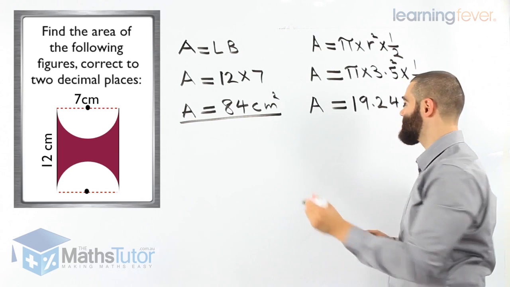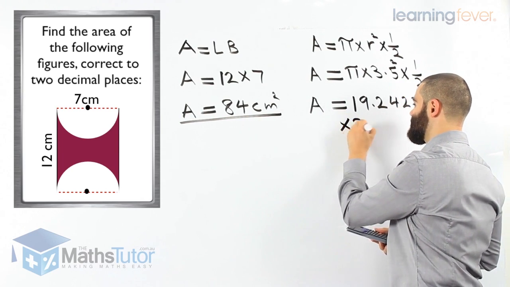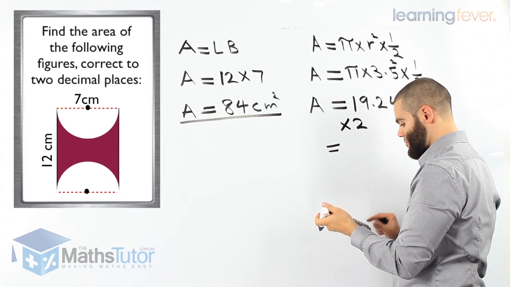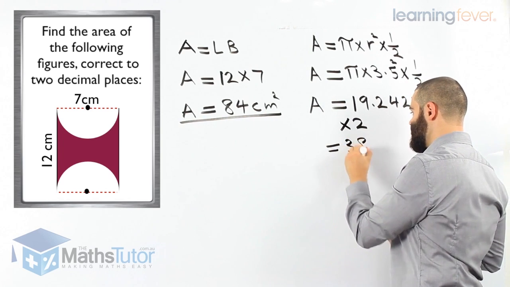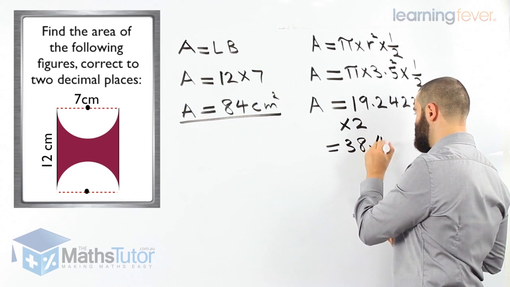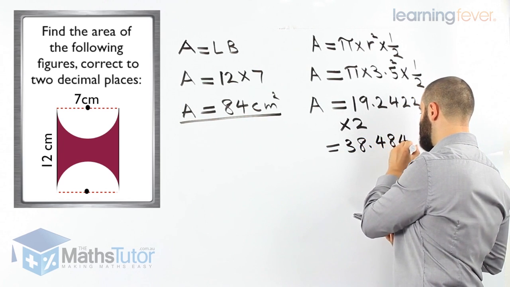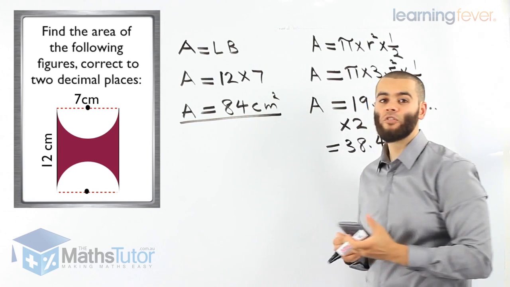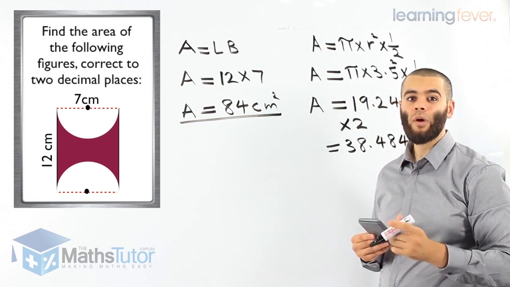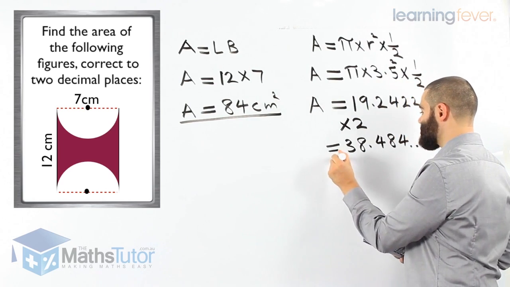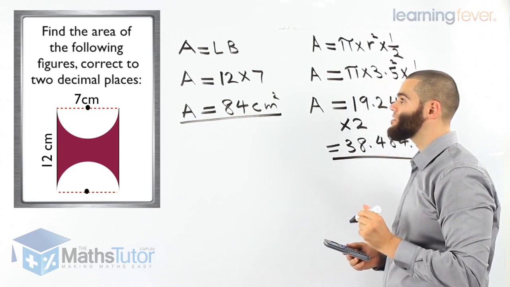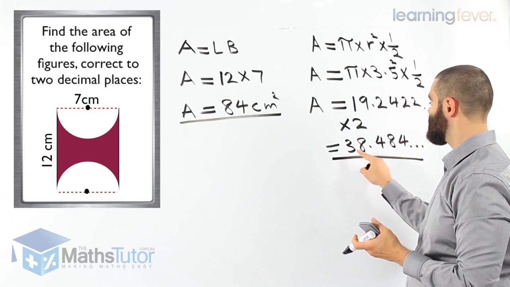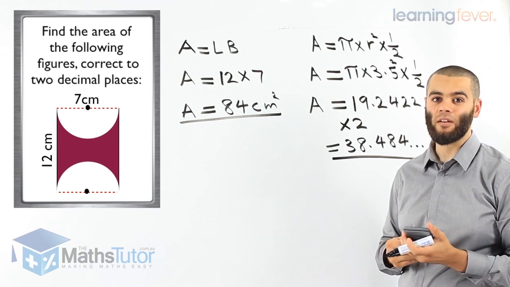Because there are two semicircles. 38.484, and it continues. Now we have the area of the rectangle, and we're going to take away the area of the two semicircles. The semicircle on top and the semicircle on the bottom, together they make 38.48.